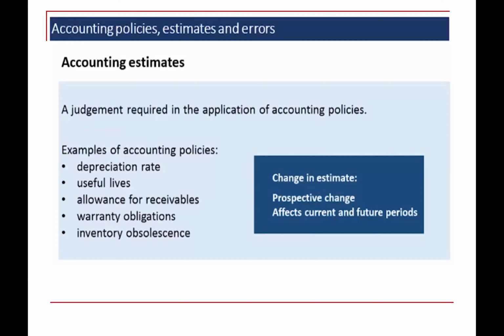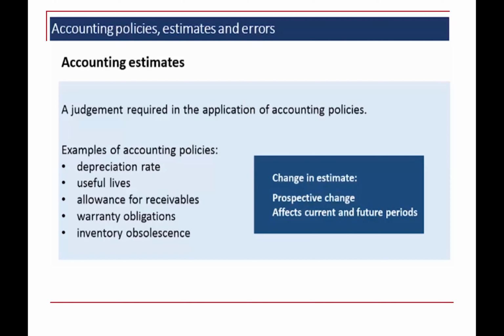Right. Warranty obligations, I think we've already talked about warranty obligations. We are saying there are chances that some of our goods are going to be returned and may need to be replaced. So I need to set aside 10% of the selling amount per unit as a warranty provision. That's an estimate because we are putting an amount to it.